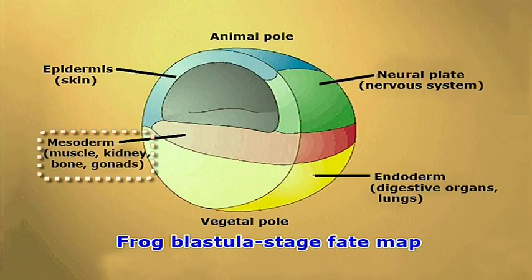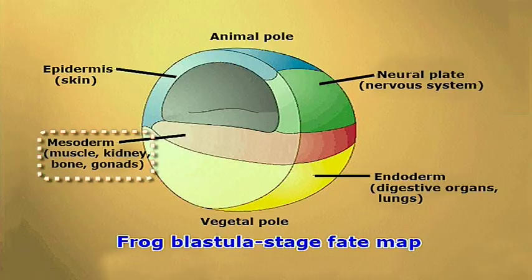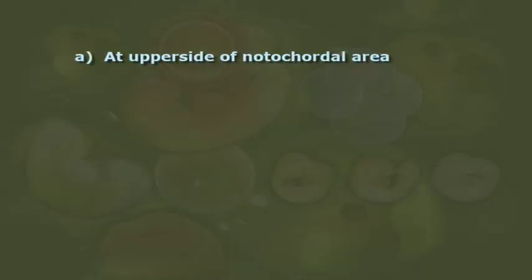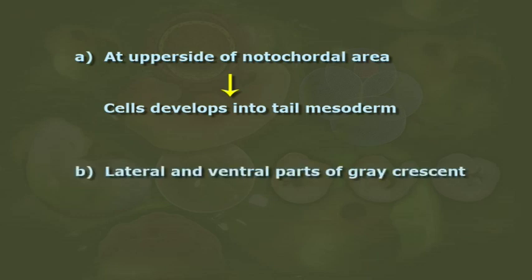The parts of the marginal zone on both sides of the notochordal area are taken up by the material for the segmental muscles. At the upper side of the notochordal area and towards the animal hemisphere lies another narrow strip of cells which develops into the tail mesoderm.